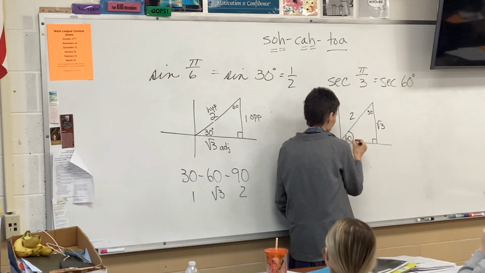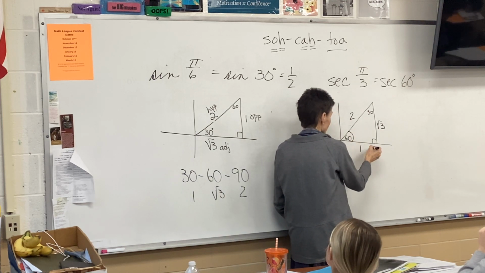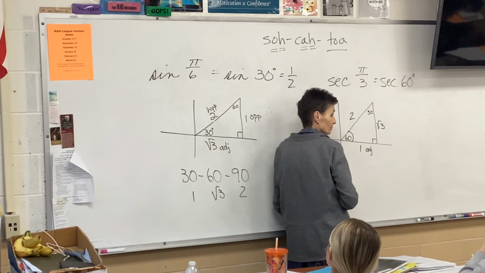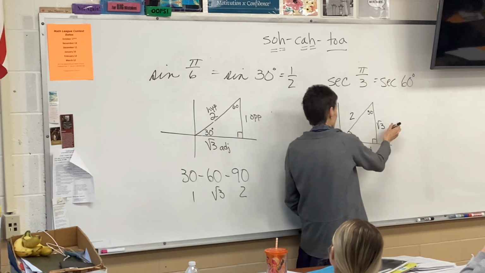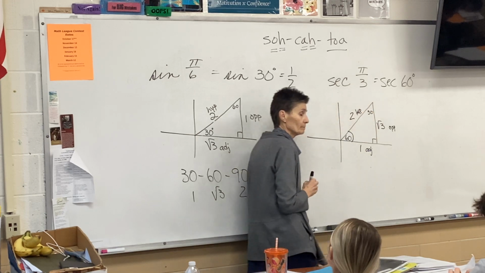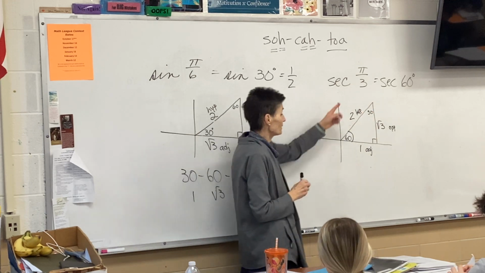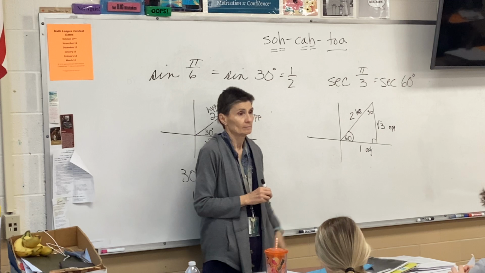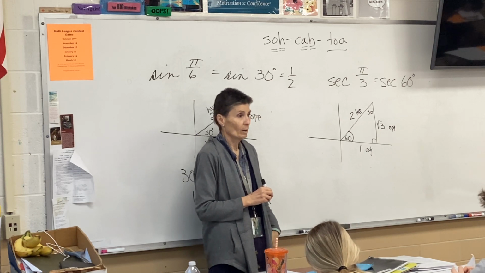Now, keep in mind your angle's here at the origin. So this is the adjacent side. This is the opposite side. And this is the hypotenuse. Now, we want the secant. What is secant?